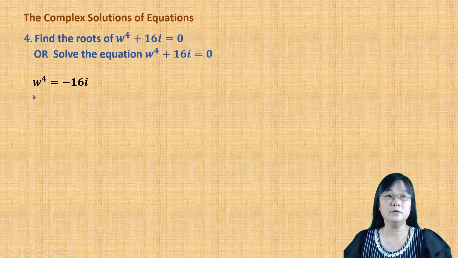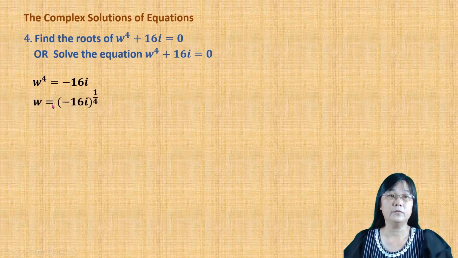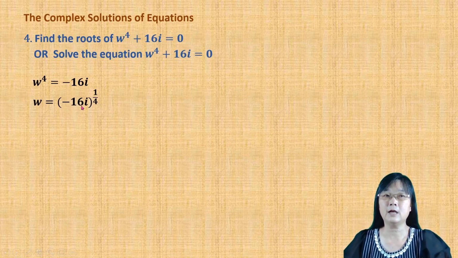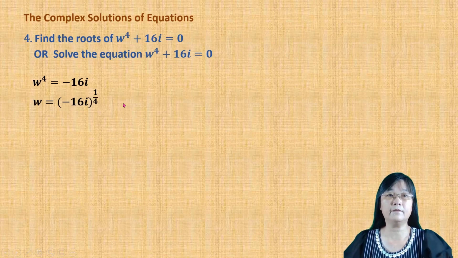In order to find the value of w, we shift the power 4 to the right hand side, and it becomes power 1 over 4. So here we need to find the fourth root of negative 16i. In order to find the root by using De Moivre's theorem, we need to change negative 16i into polar form.